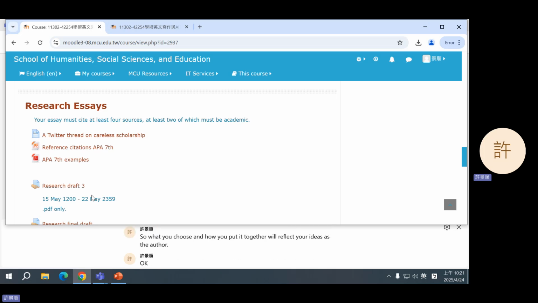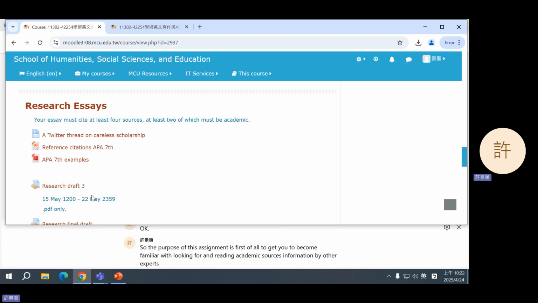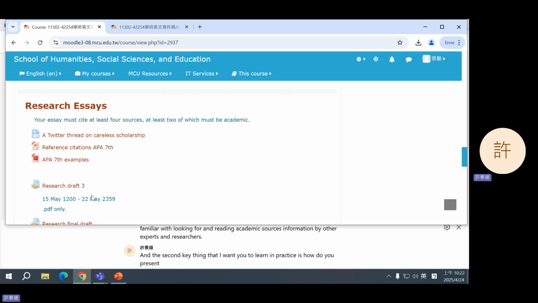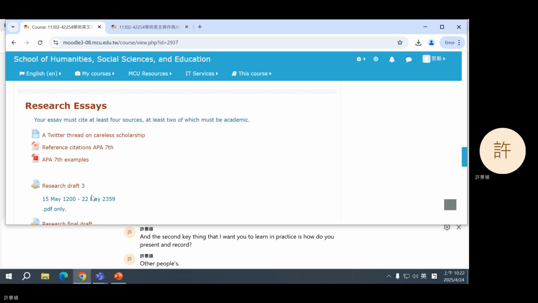Okay. So the purpose of this assignment is, first of all, to get you to become familiar with looking for and reading academic sources, information by other experts and researchers. And the second key thing that I want you to learn and practice is how do you present and record other people's ideas.